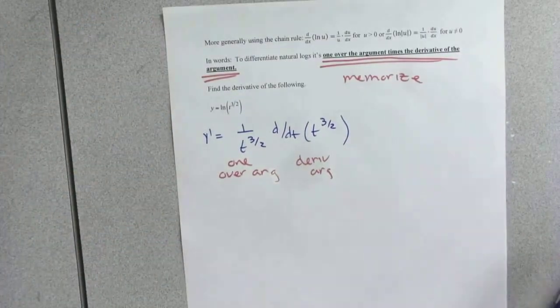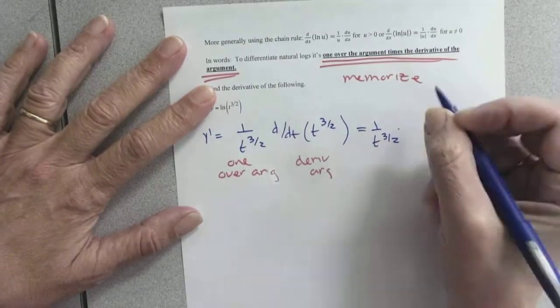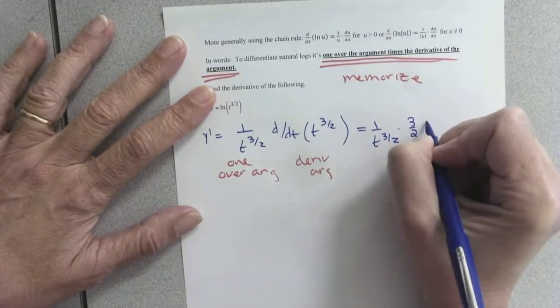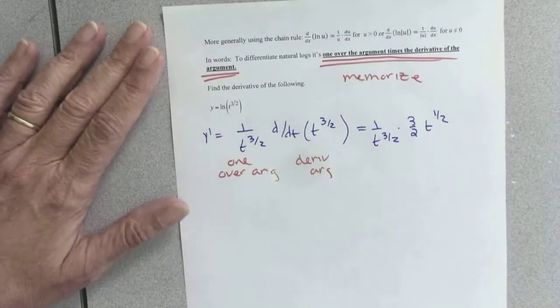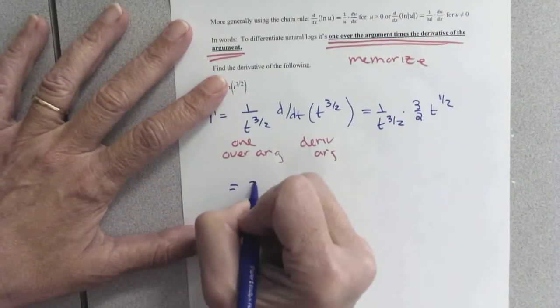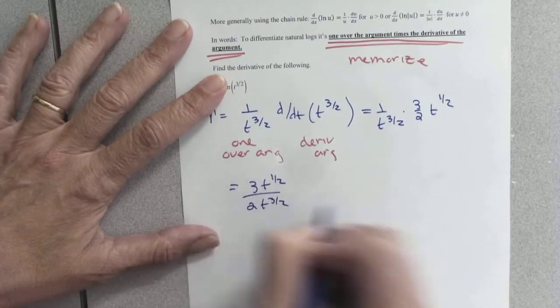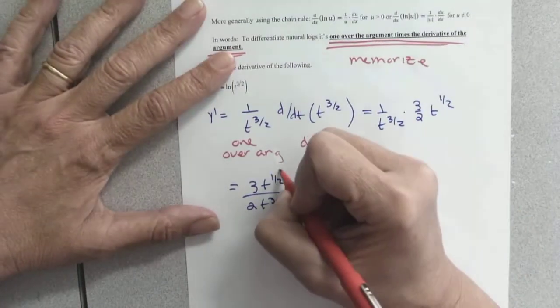Derivative of the argument. And you certainly wouldn't have to show that first step. Then taking that derivative, multiply by the exponent, decrease the exponent by 1, and we are going to simplify this. And so that's 3t to the 1/2 over 2t to the 3/2 in a fraction.